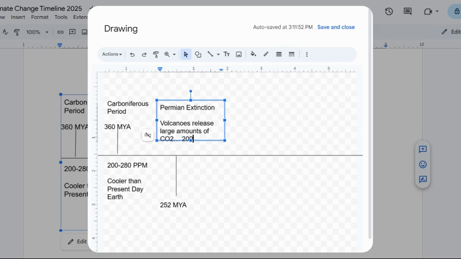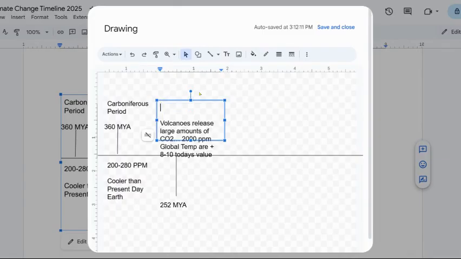We're going to say 2,000 parts per million. And we're going to say global temperatures are plus 8 to 10 degrees above today's value.